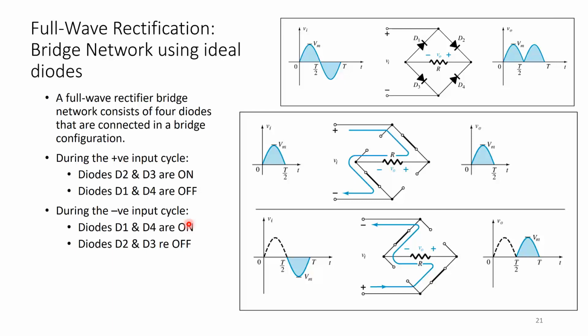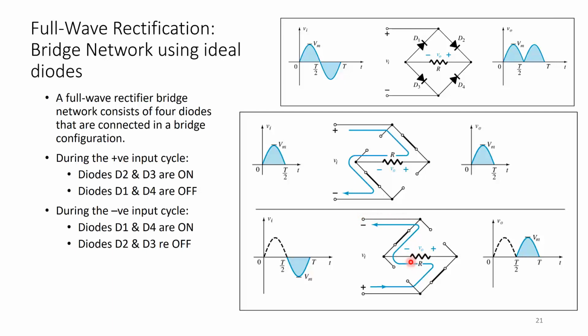During the negative cycle, Vin now flows from the bottom terminal here. It goes to D4, which has now become a short circuit, but D3 is an open circuit. It goes to R, giving the value of Vout, and then it goes through D1, which is represented by a short circuit, back to the top terminal.